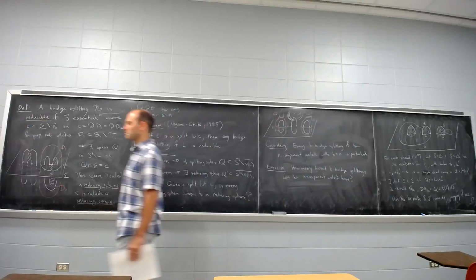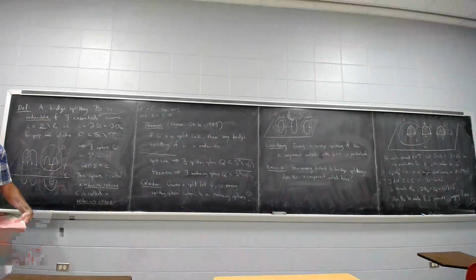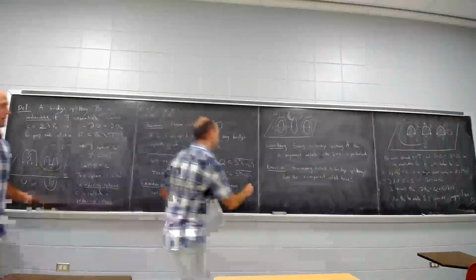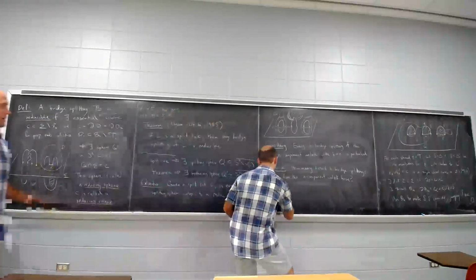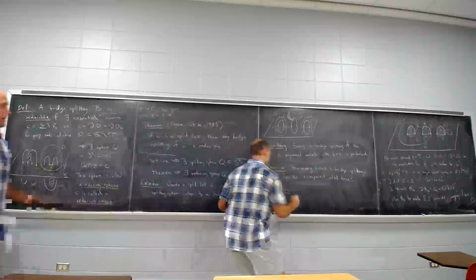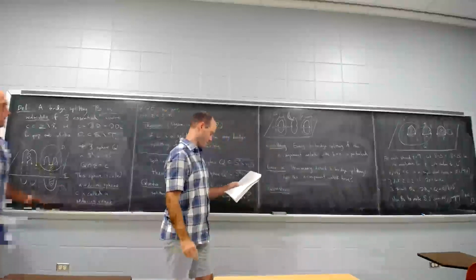Okay, this is an easy exercise, I think, but it actually ends up having important relevance to bridge trisections. Okay, and then the question, which I'll try to motivate. So again, questions are hard.